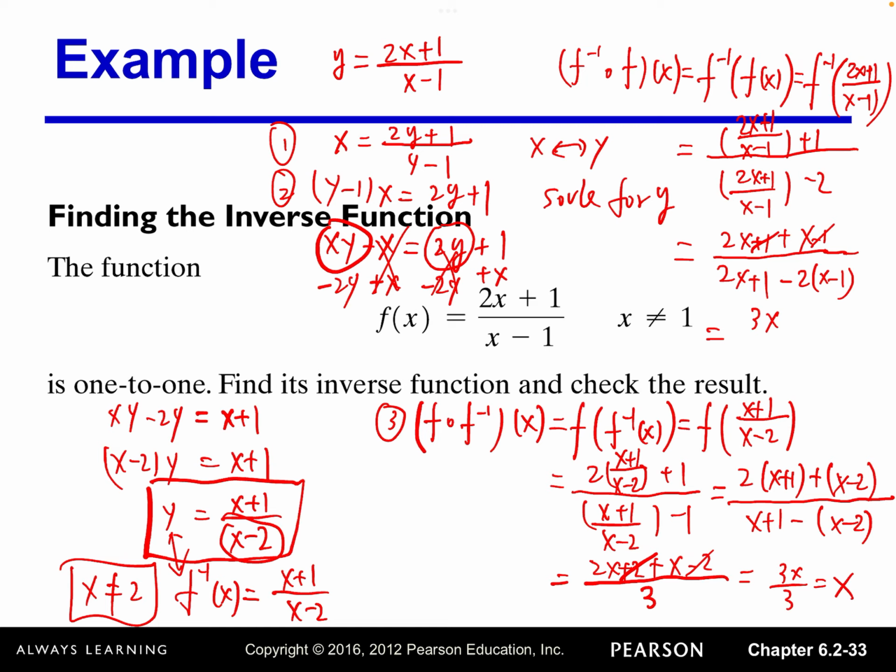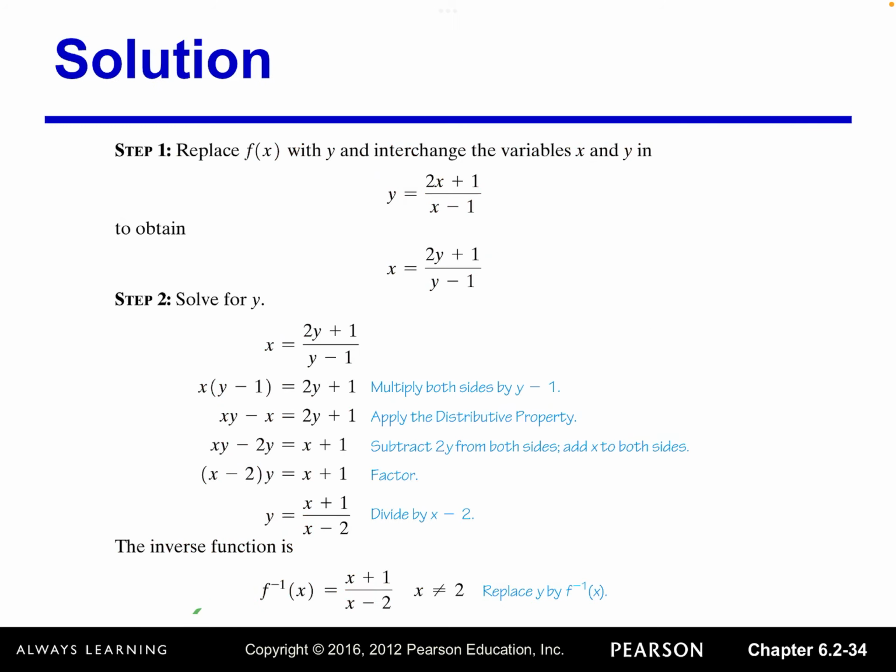In the denominator, 2x minus 2x cancels out, and then 1 minus negative 2 becomes 3, and then simplify to x. So now we verify this is the inverse function of the original. Okay, we got it right. All right, and then you can watch the solution page. You should see the same process.